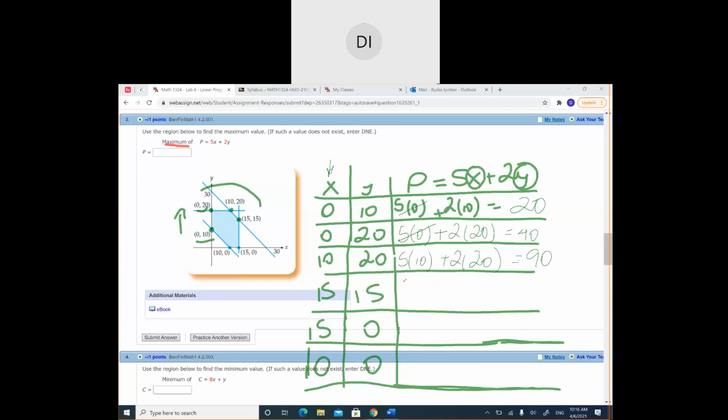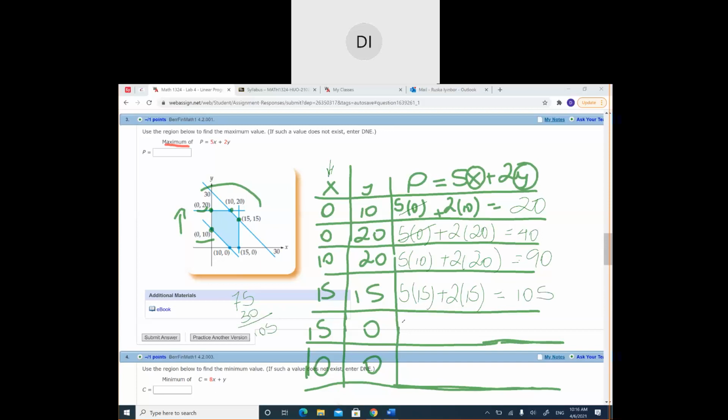Then you're doing the next one, 5 times 15 plus 2 times 15. So what is 5 times 15? That's 75, right? I'm going to do the math on the side here. 75, and 2 times 15 is 30. So when you add 75 plus 30, it's 105. I'm going to put 105 here.